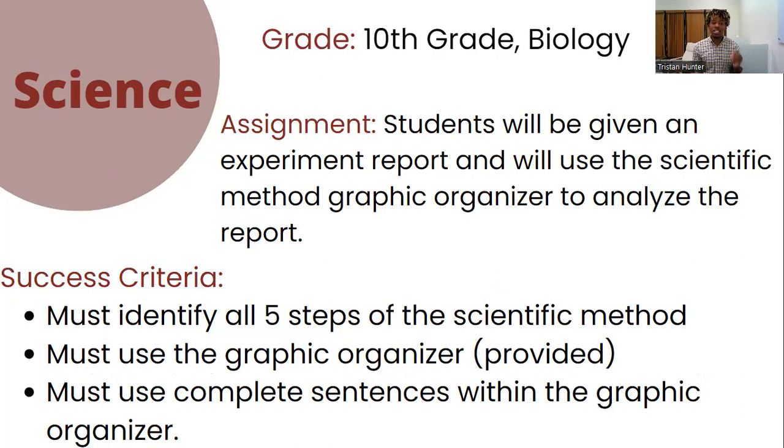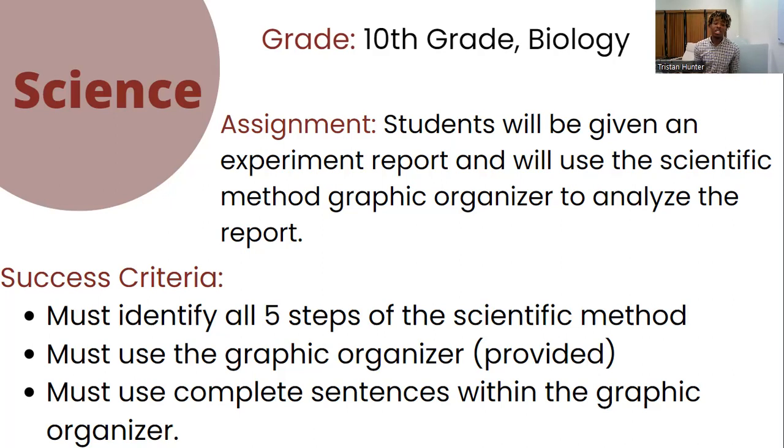In this success criteria, the teacher was very explicit about what they were expecting their students to do. So the first thing was that the students must identify all 5 steps of the scientific method. So as they're going through and reading this, they can go ahead and identify those, right? But the second thing was that the students must use the graphic organizer, and the teacher's providing the graphic organizer for them. So they must use the graphic organizer, and they must identify all 5 steps of the scientific method.